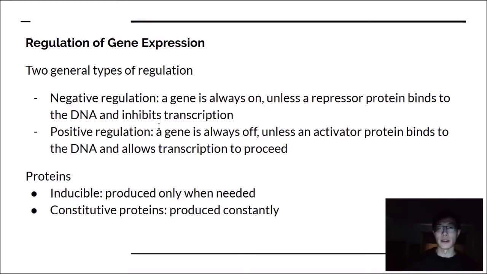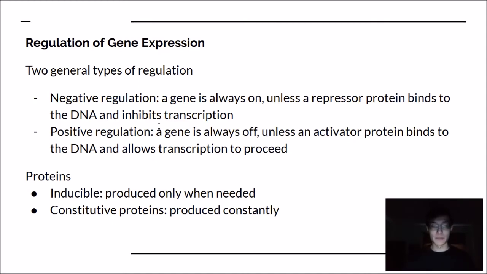On the opposite hand, you have positive regulation, which means that a gene is going to be off unless an activator protein of some sort binds to it and then basically allows that transcription to actually occur. So these are the two main types of regulation that you're most likely going to see in cellular mechanisms of controlling gene expression.